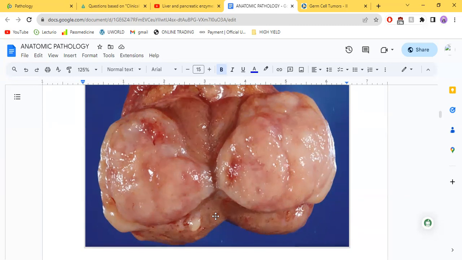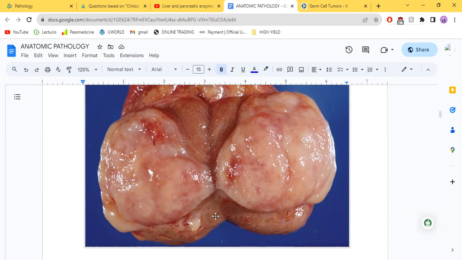Pale areas, a pale lesion with hemorrhagic spots. Exactly. I agree. Do we see a cystic appearance? I'm just asking. Okay, so what is the underlying pathology? Maybe you can put that in mind as well.